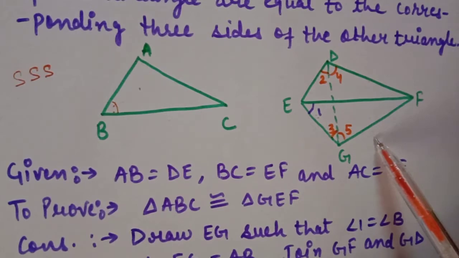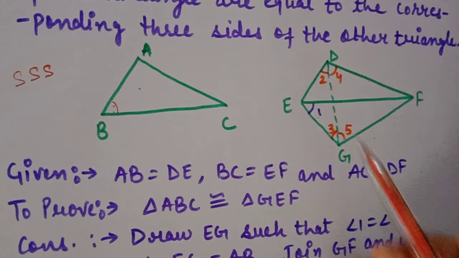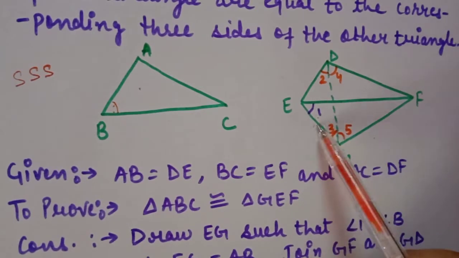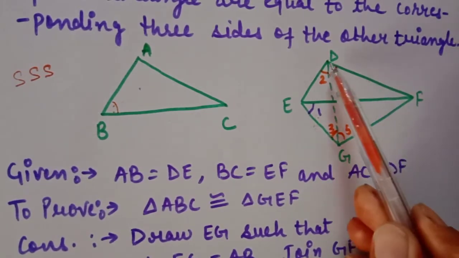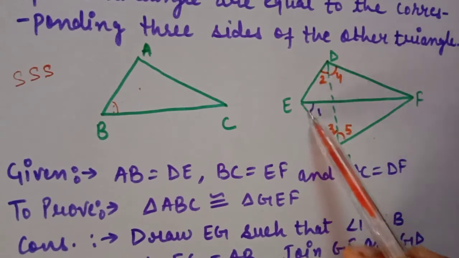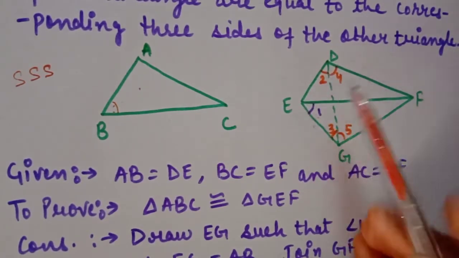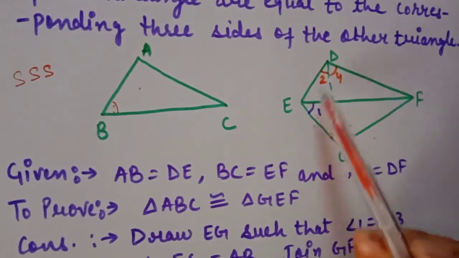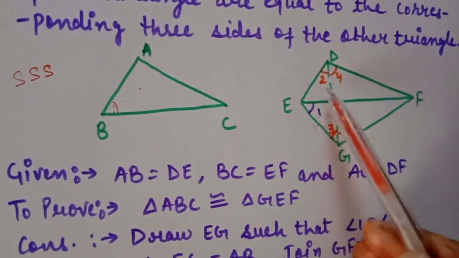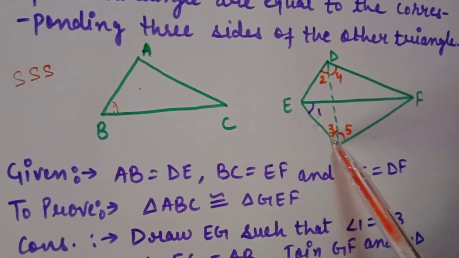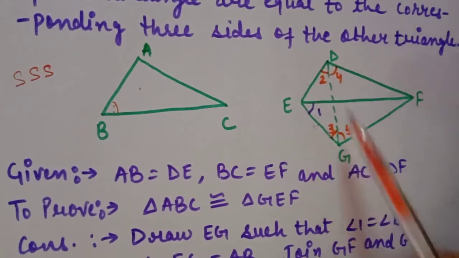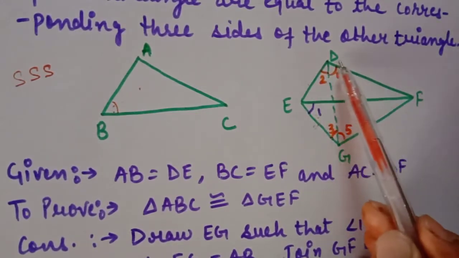So students, we will take that these two sides are equal to each other and these two sides are equal to each other. So in triangle DGE, we will take this triangle. These two sides are equal, so their base angles are also equal, because we know it very well that equal sides have equal angles opposite.